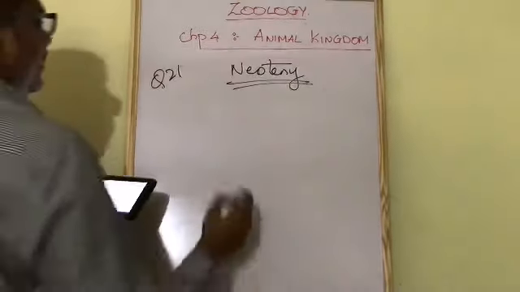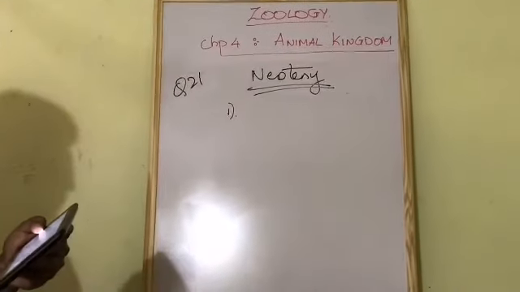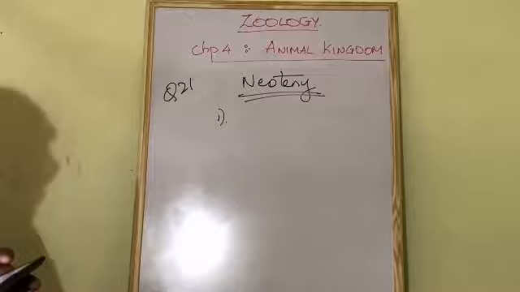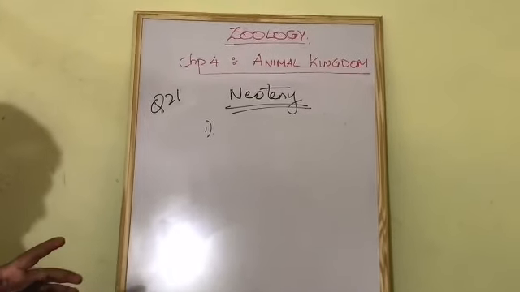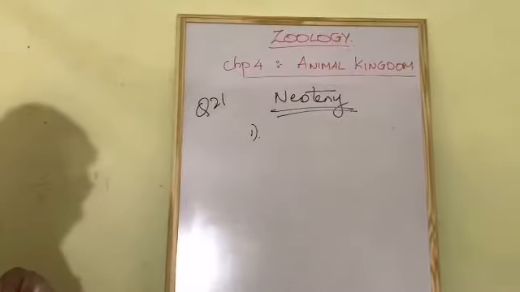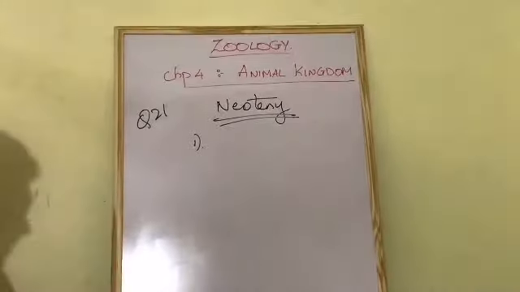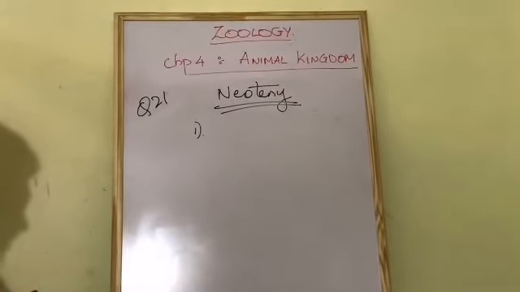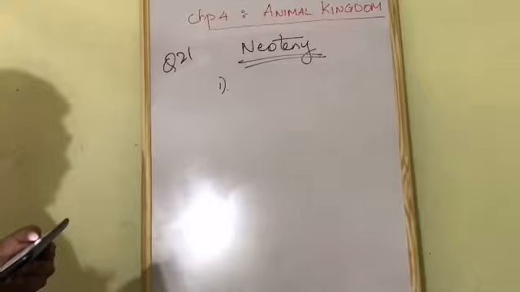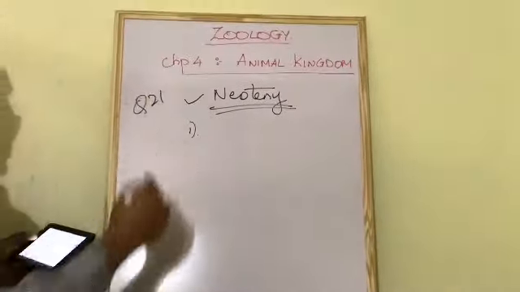For example, the presence of muscles which can move the ear in human beings, because the muscles of the ear in human beings are supposed to be an ancestral character which we cannot move. Like, you might have seen that cows can move their ears but human beings cannot. But if there is a human being in your surroundings who can move his ear, then that character comes under neoteny.